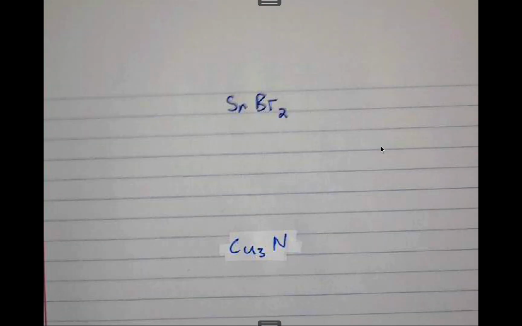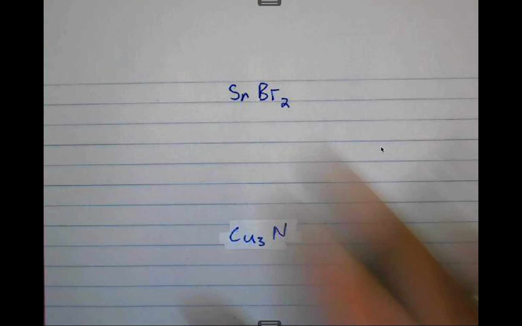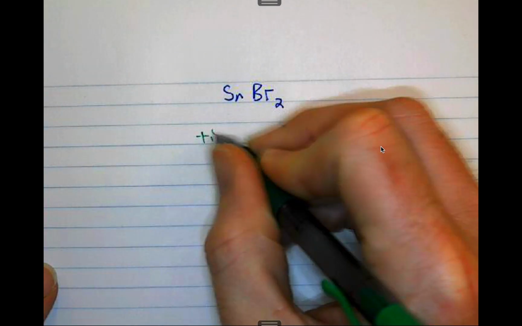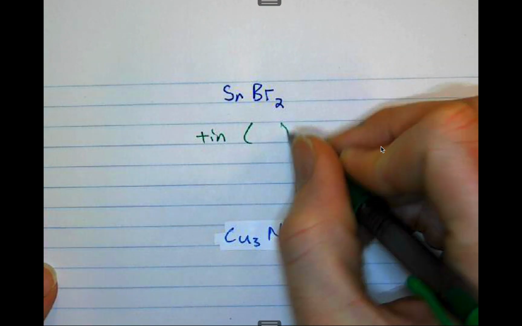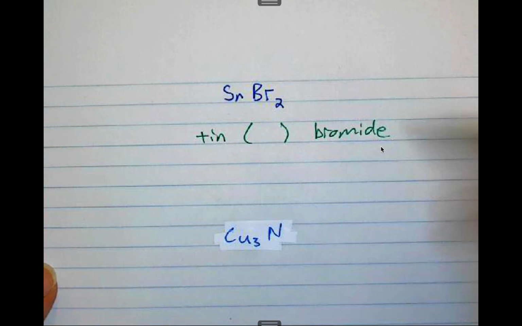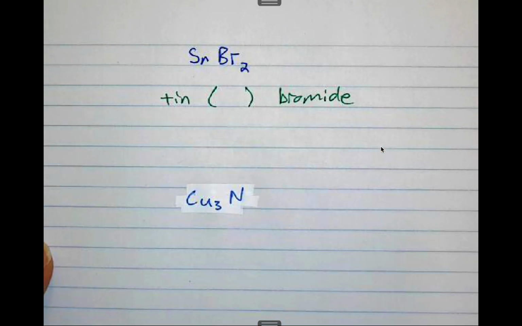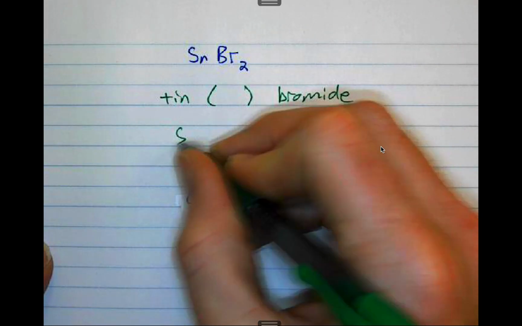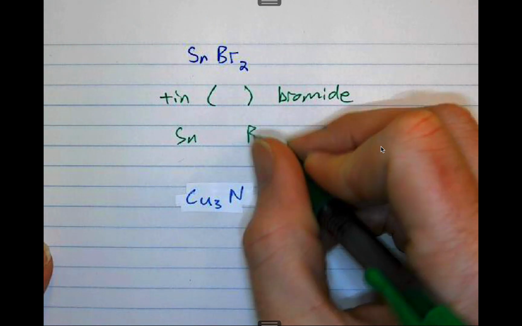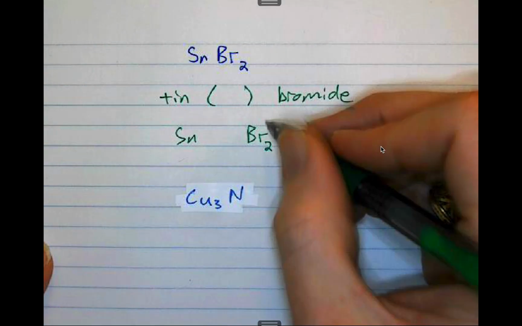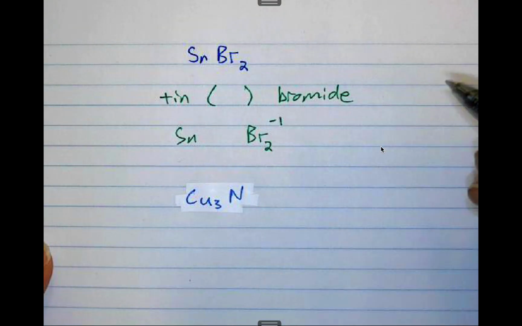Try a couple more. We have SnBr2. Well, that is tin something bromide. I'm sure you'd be able to find it on the periodic table. Now, tin is Sn. So that would have been Sn and then Br. Now we know that there were 2 bromines, and we know that bromine is a minus 1 charge.